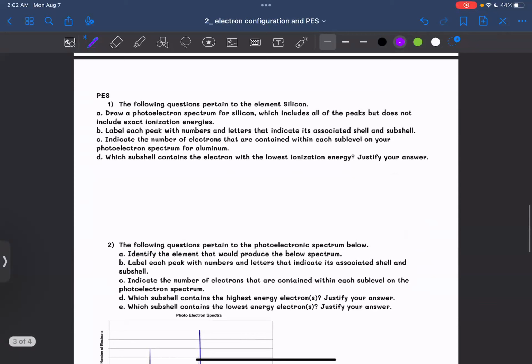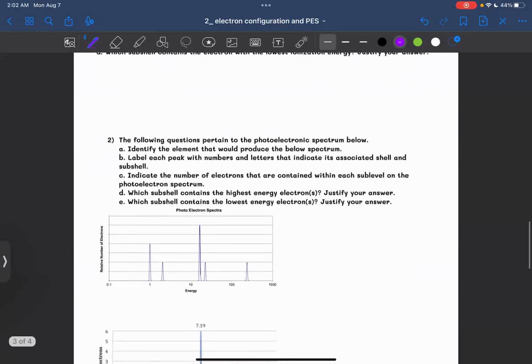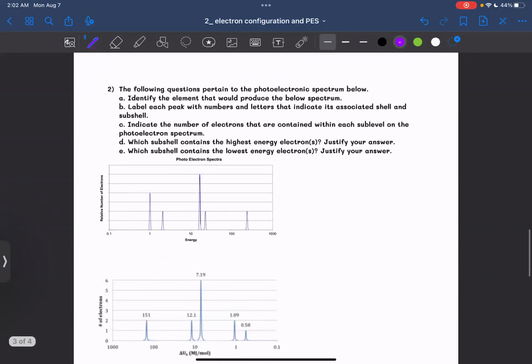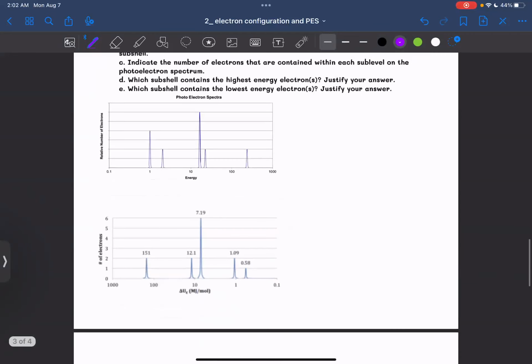Okay, let's talk about PES. I'm not going to do the first question. I'm going to talk about the picture first, and I'll come back to these. For PES, what you need to know is you need to look at this bottom number. This is what we call binding energy.